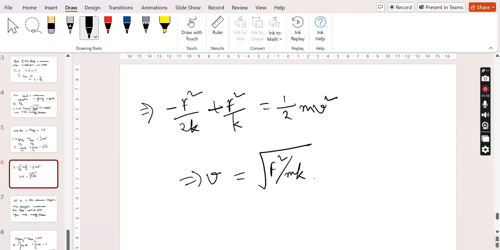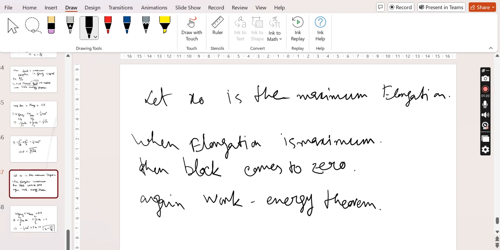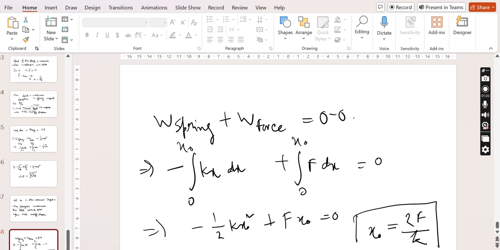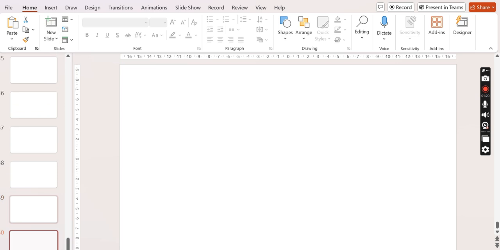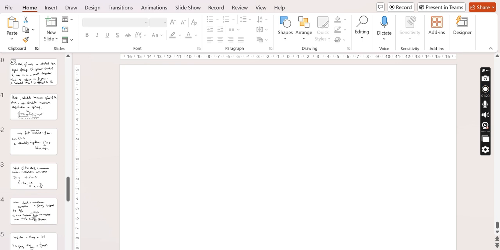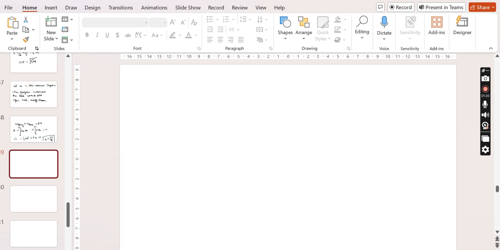Then we simplify the equation and get v is equal to the square root of F squared by mk. And elongation is maximum when v becomes 0. Then the same equation with the right hand side 0, so you get the elongation. That is example 7. Now, example 8.